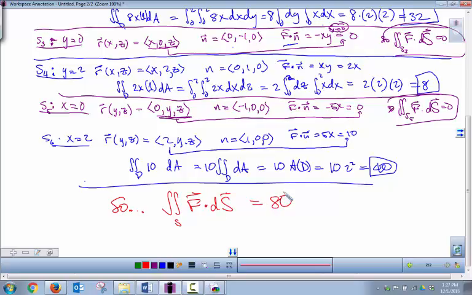So adding up all those flux integrals would give us the total flux, which is going to be 80. Okay?